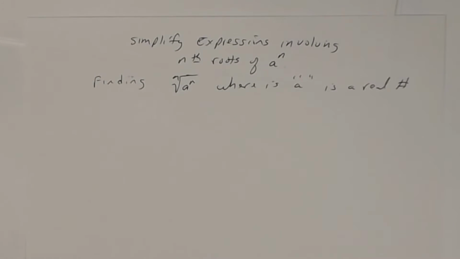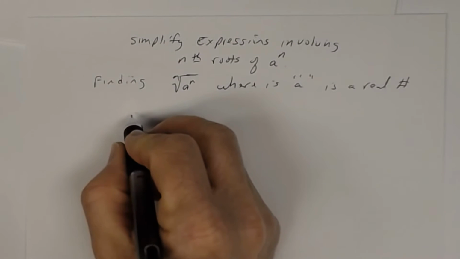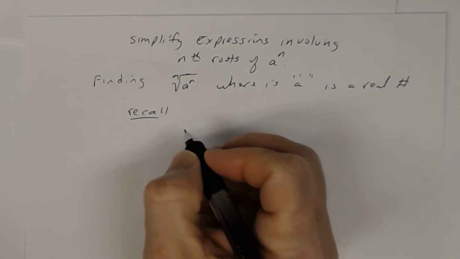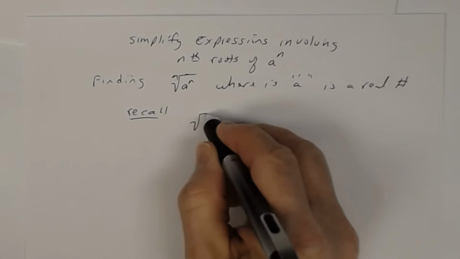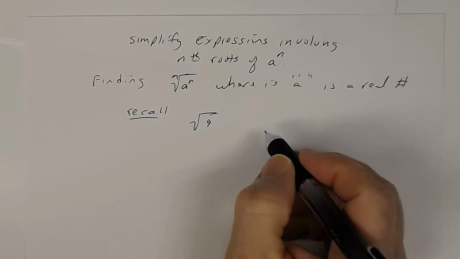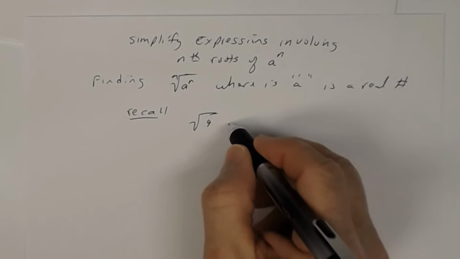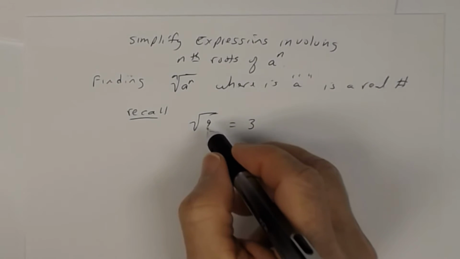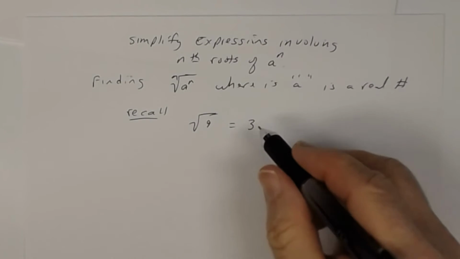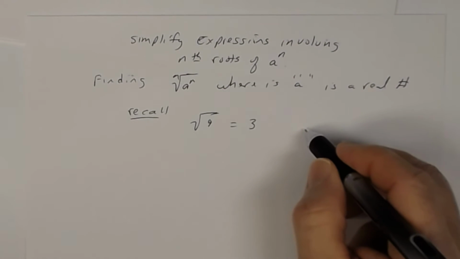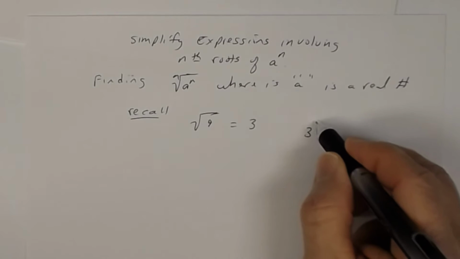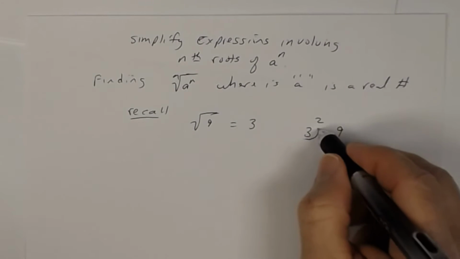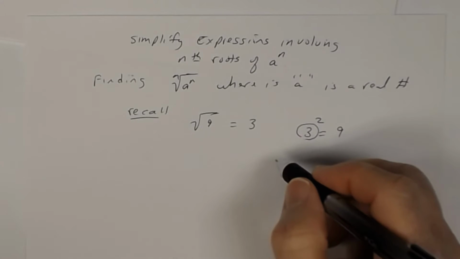Okay, so let's start with this idea. Let me go ahead and write this as recall. If we have the square root of 9, you all know that the square root of 9 is 3, because 9 is a perfect square, and the square root of 9 is 3 because 3 squared is equal to 9, right? So this 3 is what you see here.